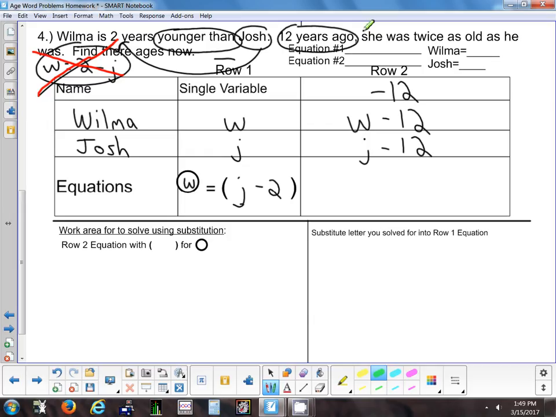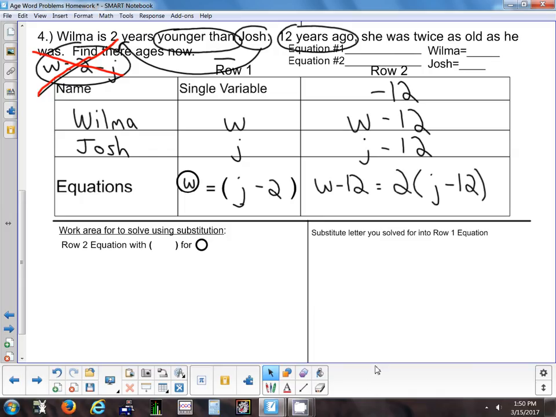Somebody want to tell me how to set up my equation 2 for the past? Josh? Yeah, W minus 12. You're good so far, you're perfect so far. Yeah? J minus 12. There we go. There it is set up, right?